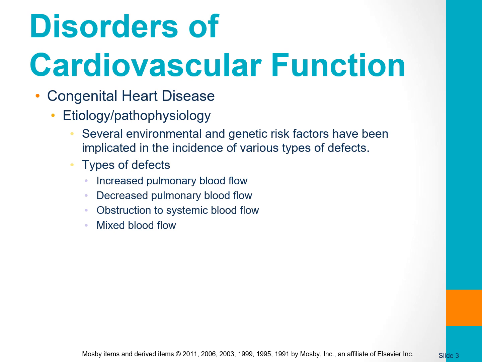So now they've started to change the way that they classify them into 4 different types. So it's important to understand the following couple slides, whether they fall under 1 to 4 of these different defects. Okay, so there's 4 different types again: increased pulmonary flow, decreased pulmonary flow, obstruction of systemic blood flow, and then mixed blood flow.